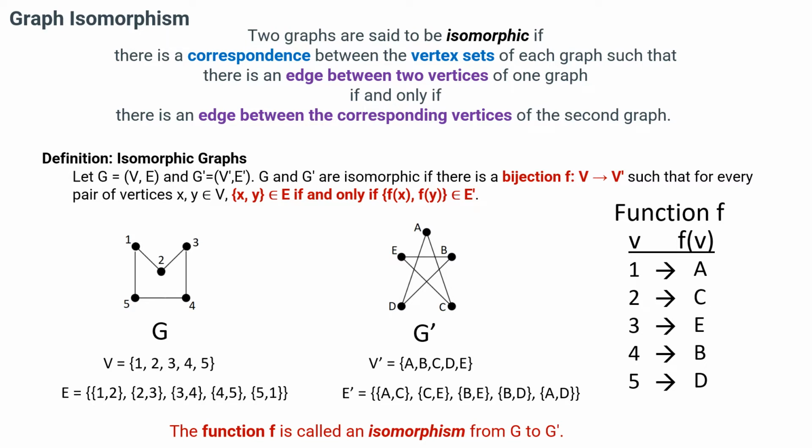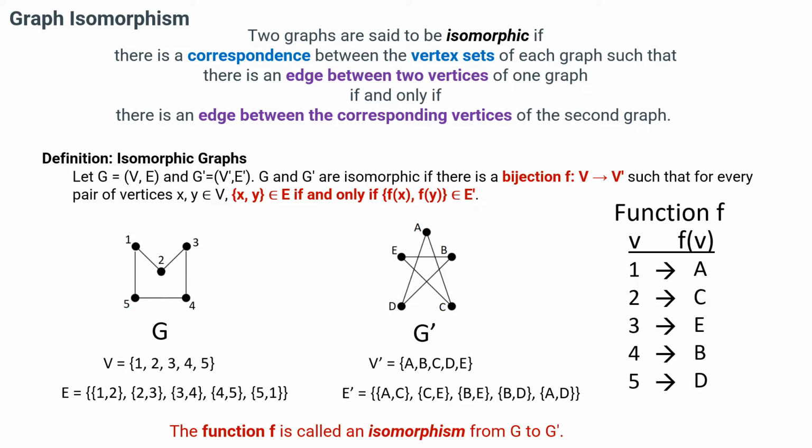So it's that correspondence, that function F is the isomorphism. Okay, so it's the actual correspondence that we say is the isomorphism. So our function here would be our isomorphism.